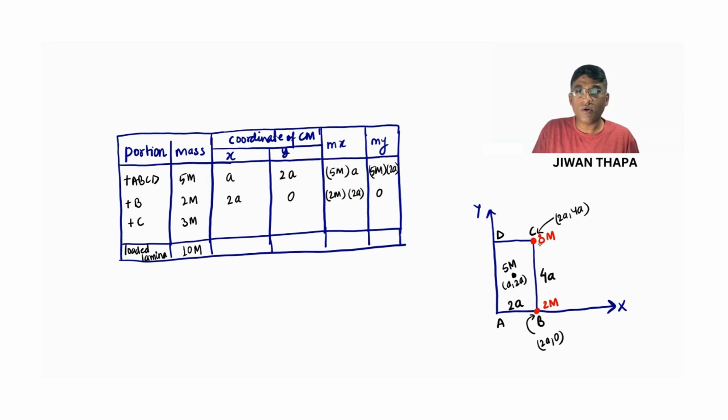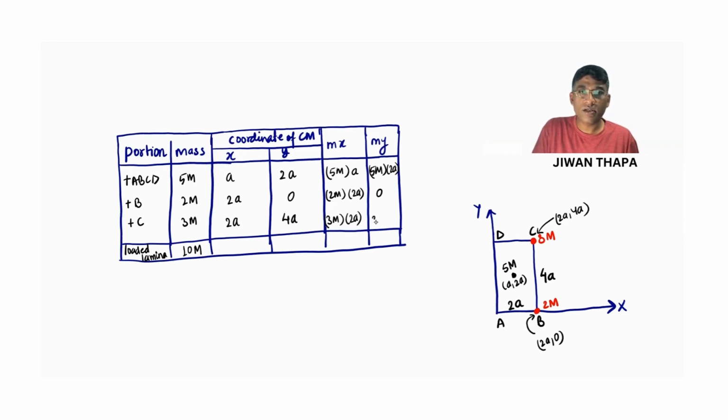Now for mass thrice m, or 3m, x coordinate is twice A and y coordinate is 4A. Clear? Now let's multiply 3m with twice A, that is x coordinate. So we have this 3m times twice A. Now let's multiply 3m with its y coordinate.